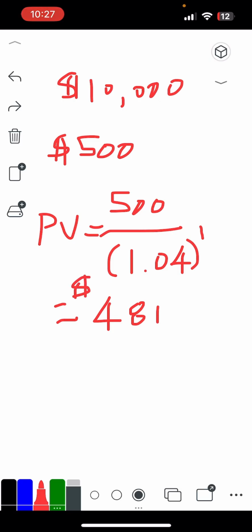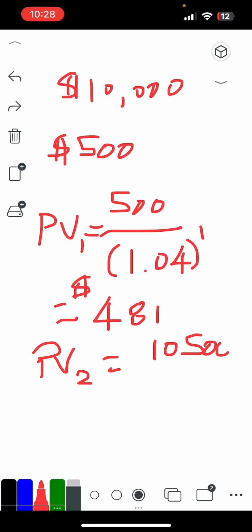For the second year, this will be $10,500. You will simply add the interest payment based on the coupon rate, which is 500, plus the principal, which is 10K, for the last year.